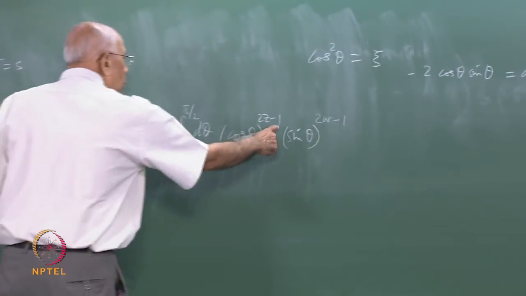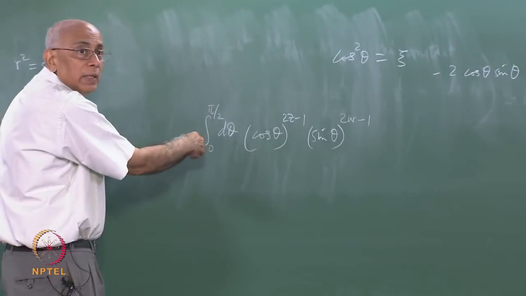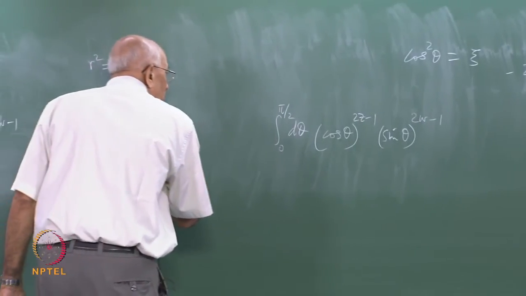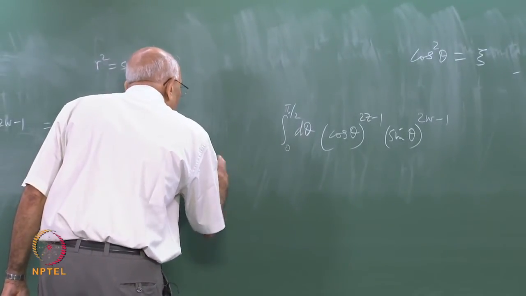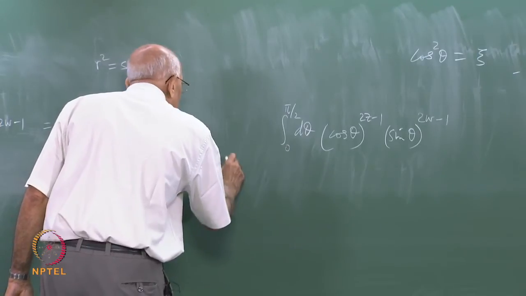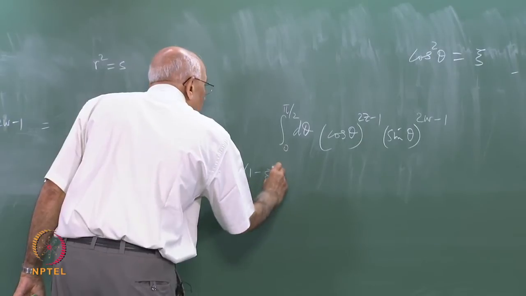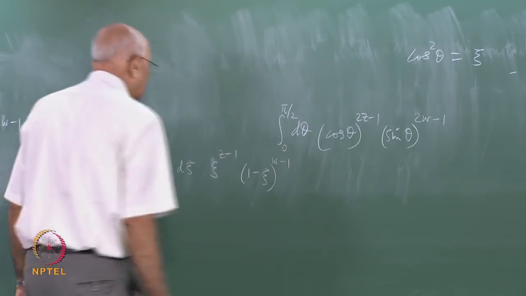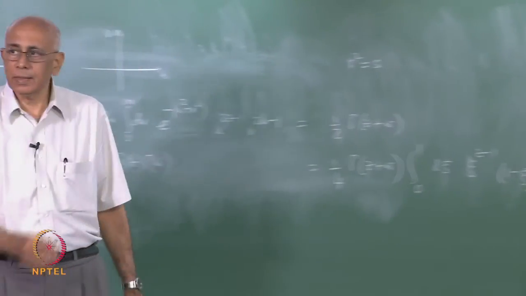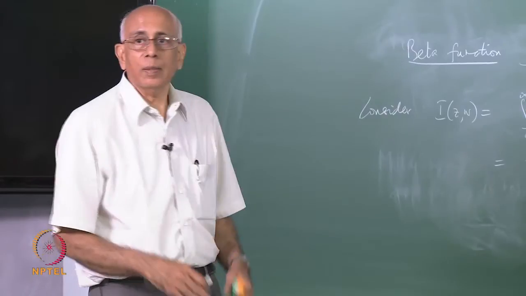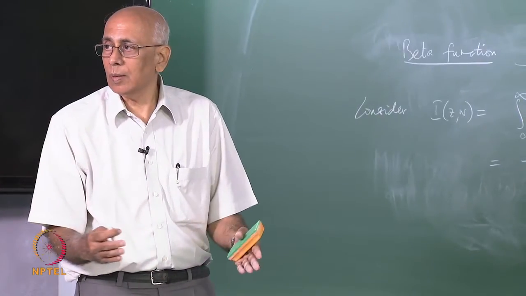So I make this a 2 here, multiply by cos theta sin theta, that gives me exactly d xi, so that takes care of this, and then it is xi to the power z minus 1, 1 minus xi to the power w minus 1. It is exactly that. But what is that equal to? That is the beta function, that is beta of z and w by definition.